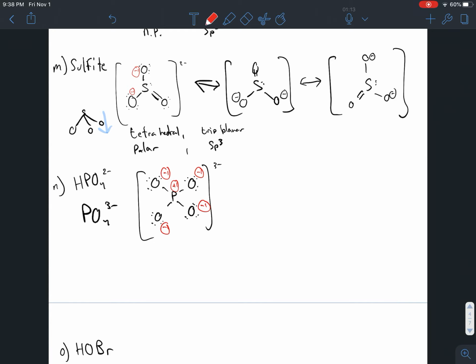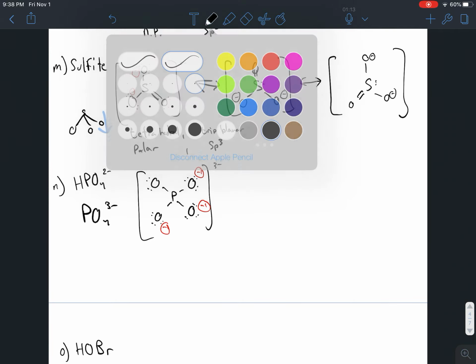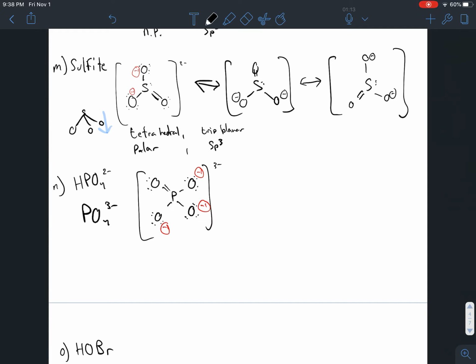And I'm correct, yeah, because once again, what are the odds that a negative charge is going to be right next to a positive charge? I think it's more likely that they cancel each other out. So these electrons go down here.